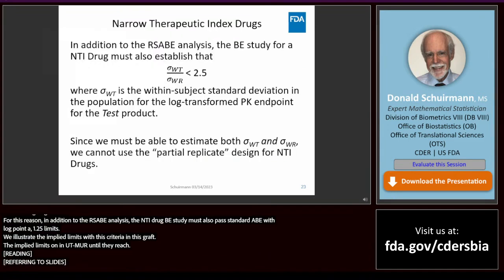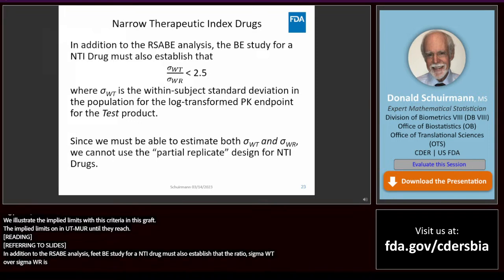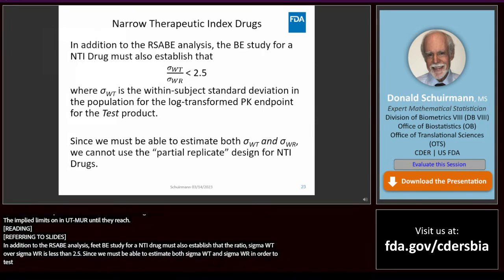In addition to the reference-scaled average bioequivalence analysis, the bioequivalence study for a narrow therapeutic index drug must also establish that the ratio sigma Wt over sigma Wr is less than 2.5. Since we must be able to estimate both sigma Wt and sigma Wr in order to test that this criterion is met, we cannot use the partial replicate design for narrow therapeutic index drugs.